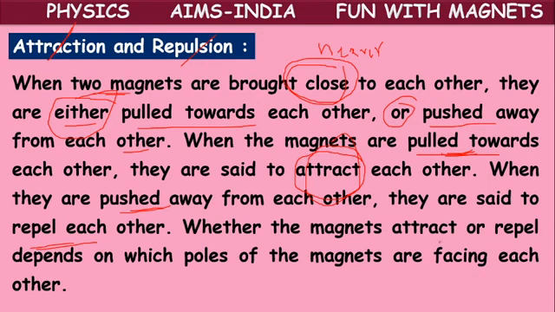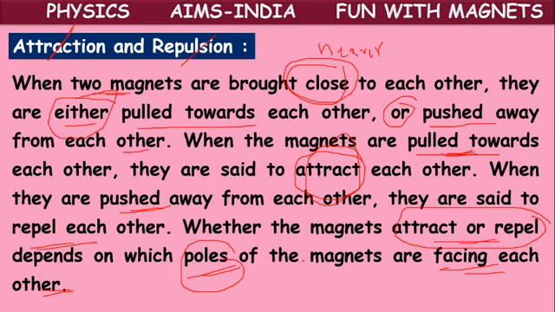But on what thing will this attraction and repulsion depend? It depends on the poles of the magnet which we are bringing closer, or the poles which are facing each other. So based on the type of the pole, attraction and repulsion may happen.